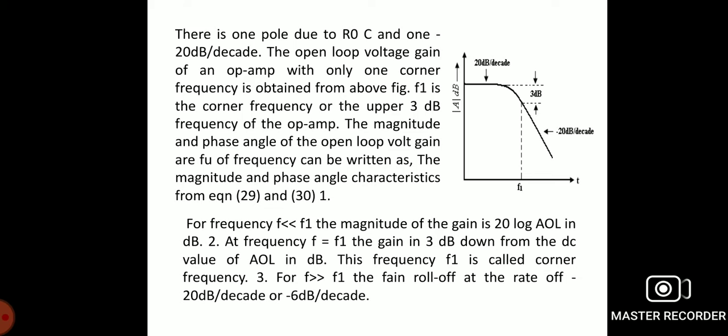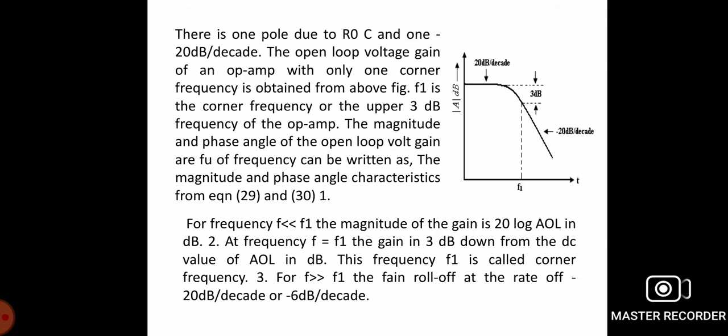This frequency f1 is called the corner frequency. For f greater than f1, the gain rolls off at the rate of 20 dB per decade or 6 dB per octave.